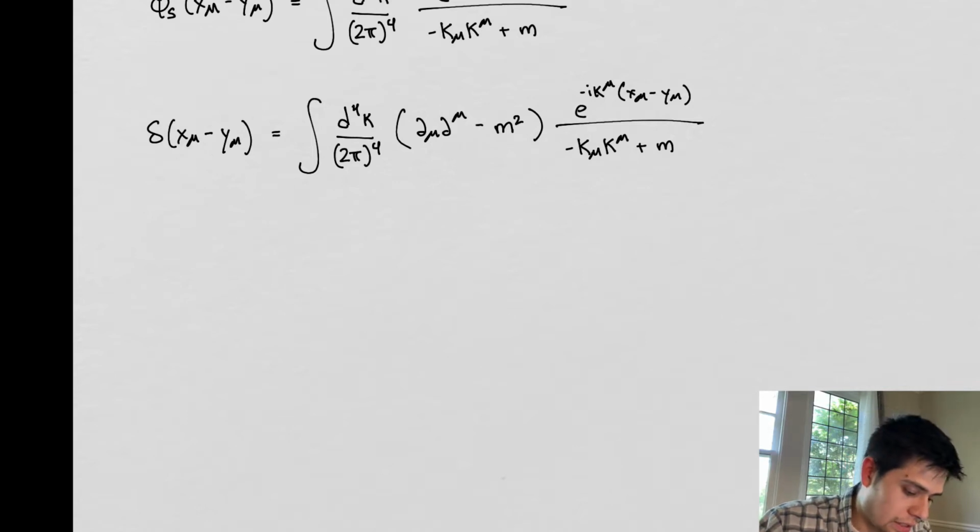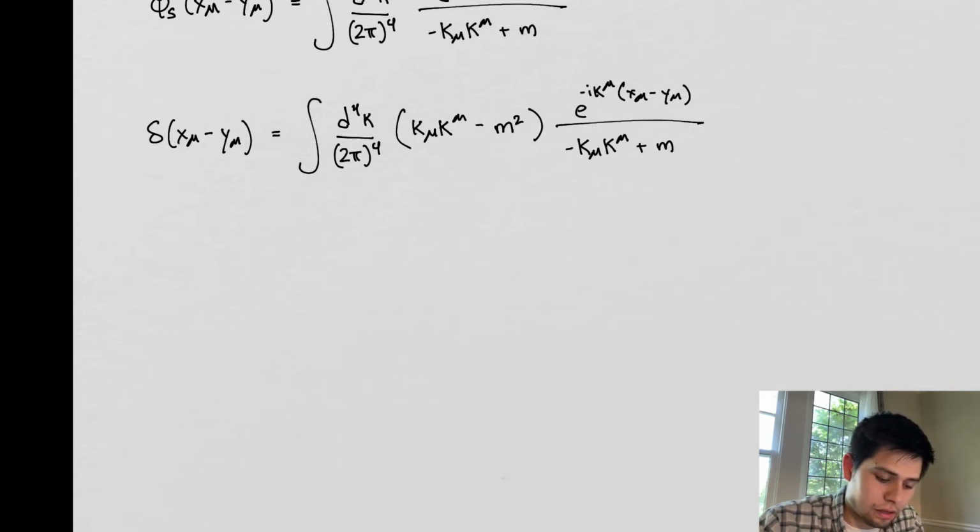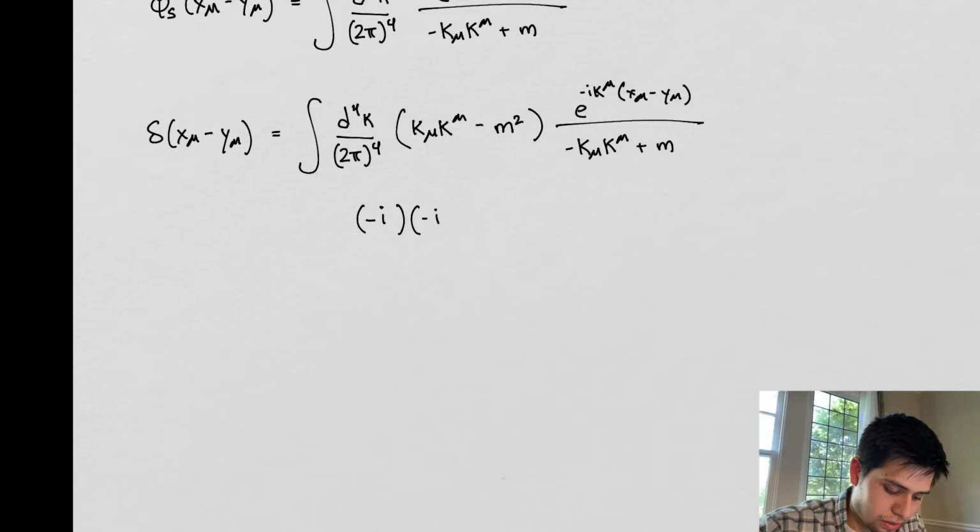So what we end up getting is the k mu, and because of the i, that doesn't really matter that much actually, but you can see that i times minus i, well, i times i is minus 1, because we have minus i times negative i, and then we have two minus signs, so it's going to be minus 1, right?